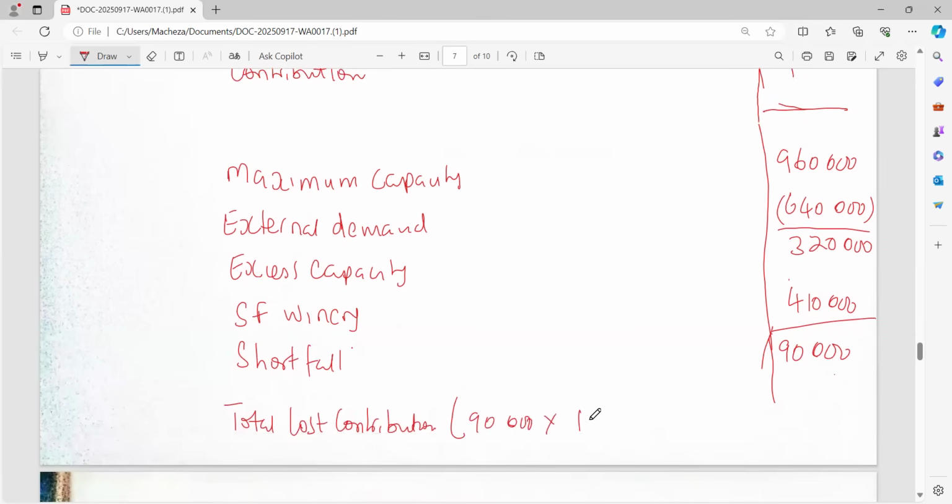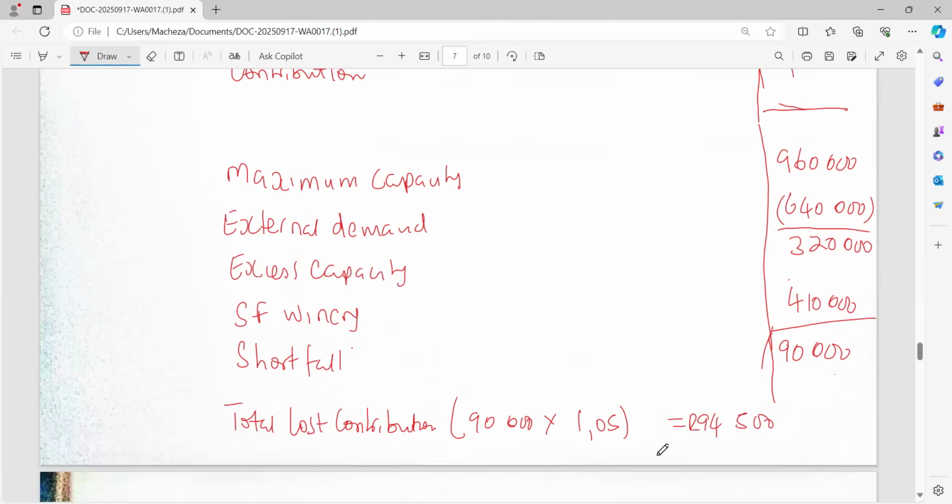How much are we going to have as our total lost contribution there? 94,500. So this is going to be our total lost contribution.